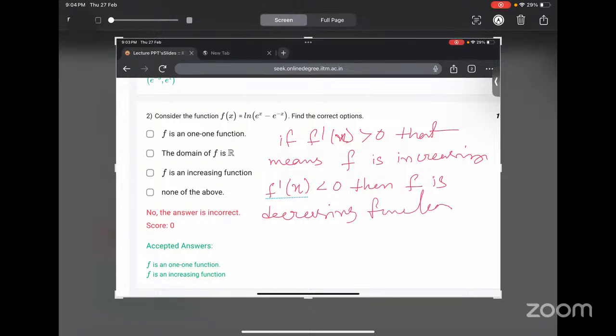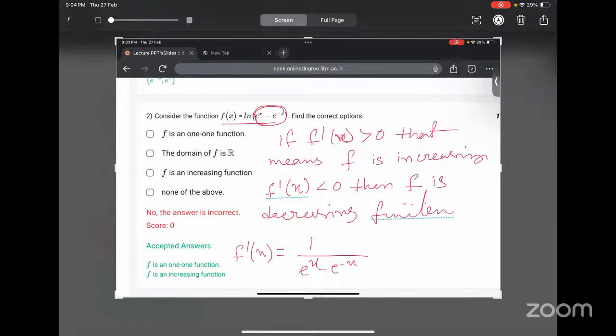So this is the result. Now we have f(x) equals this. So what is the derivative of log x? 1 by x. Right. 1 over e power x minus e power minus x. Then we have to apply the chain rule. That means we have to again calculate the derivative of this part.